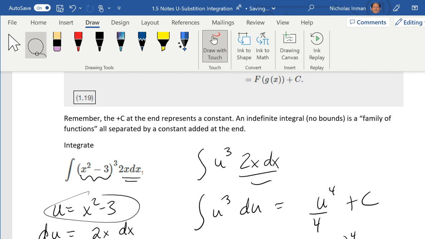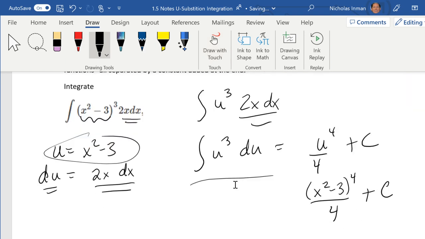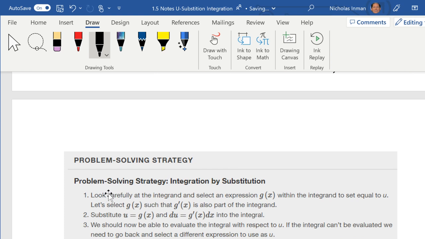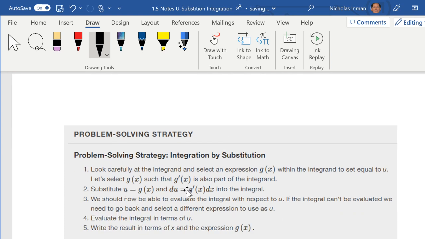So this u-substitution idea gives us a way to kind of take these larger, complicated functions and turn them into really nice functions that we can maybe just do the power rule with to find these antiderivatives. All right, so generally your problem solving strategy looks like this. Look carefully at what you're integrating.